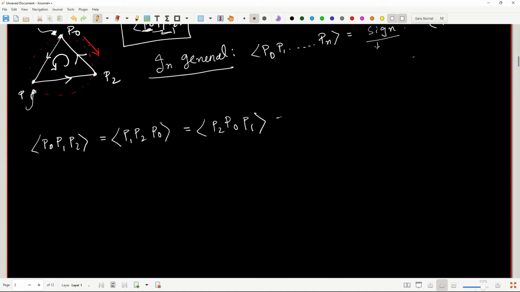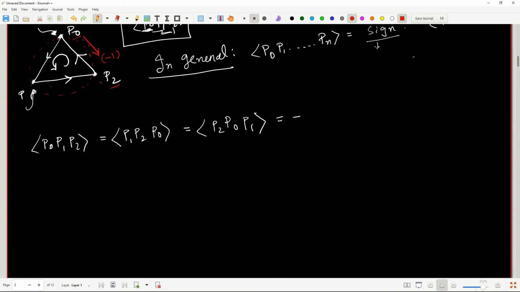And this is equal, with a minus sign in front, to, let's say I start from P0, I go into the totally opposite directions like this one, and this one. So let me use the red color to indicate that. First I go from P0 to P2, I pick up one minus sign.